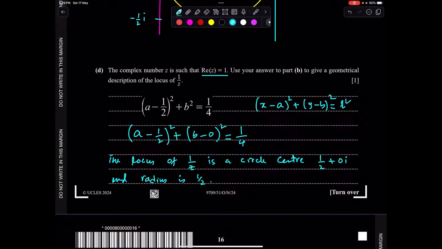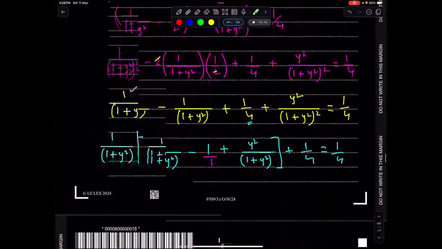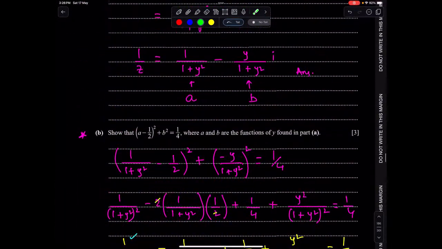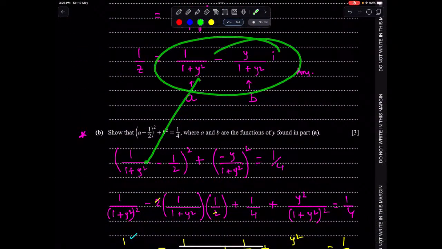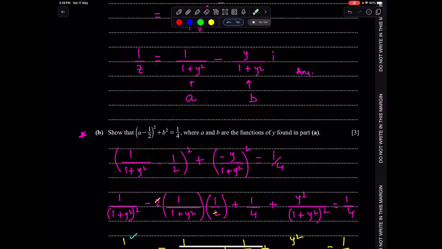You must be thinking why 1 upon z? Because we use these results here and here, this here and this here. That is why this is the locus of 1 upon z.